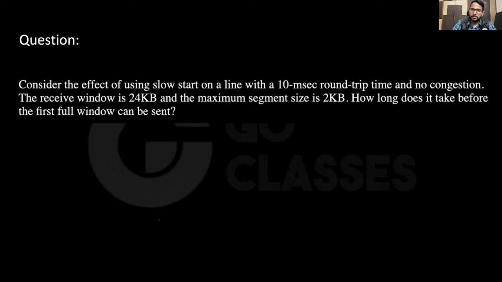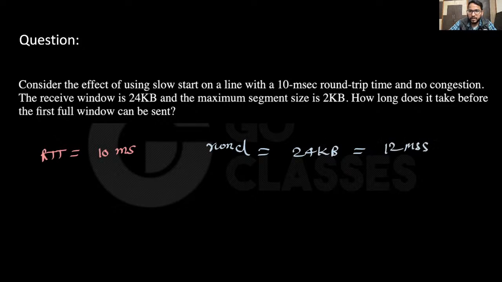Consider the effect of slow start on a line with 10 millisecond round trip time and no congestion. So RTT is given to be 10 millisecond. The receiver window size, RWND, is 24 KB, which means 12 MSS. How long does it take before the first full window can be sent? Let me know what the answer is.